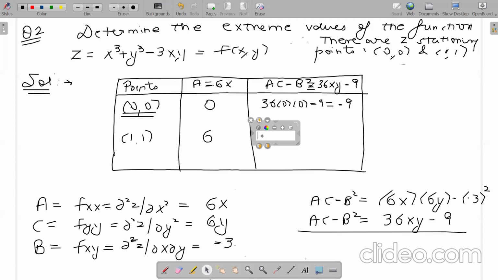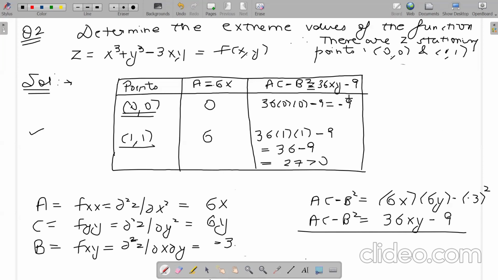And here, 36 into 1 into 1, because x and y both are 1, minus 9. So which is 36 minus 9, which comes out as 27, which is positive.